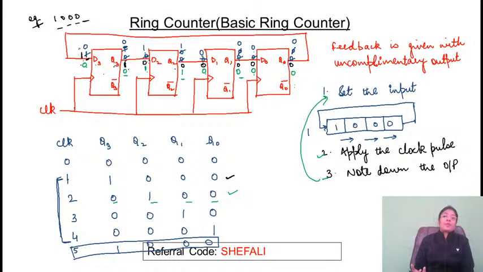Because JK flip-flop is the universal flip-flop, so with the help of JK flip-flop, you can implement this. Alright, but usually this is taken as the delay flip-flop because it has to return the same bits.